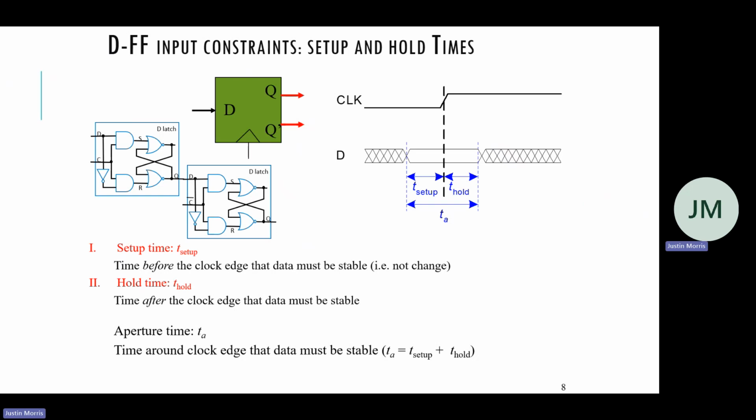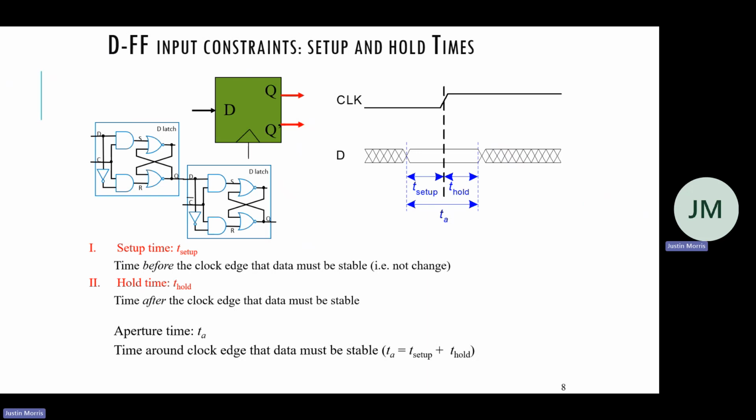If it changes during the setup time, then the value that is latched by the first latch is most likely not the correct value that you wanted. This setup time is basically the time that it takes for D to reach through to Q on that first latch.